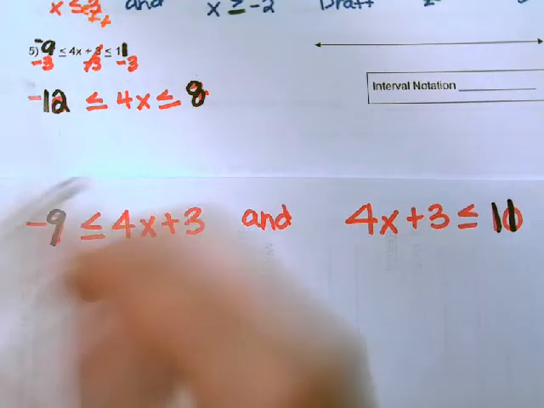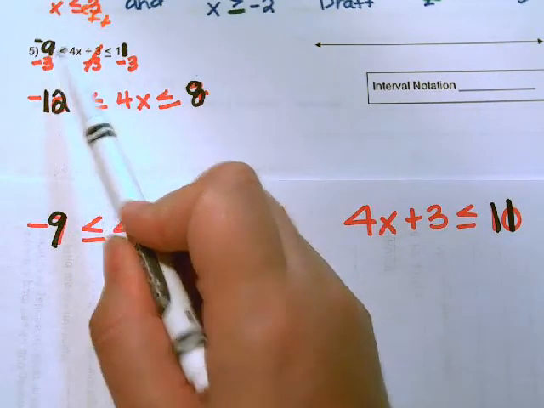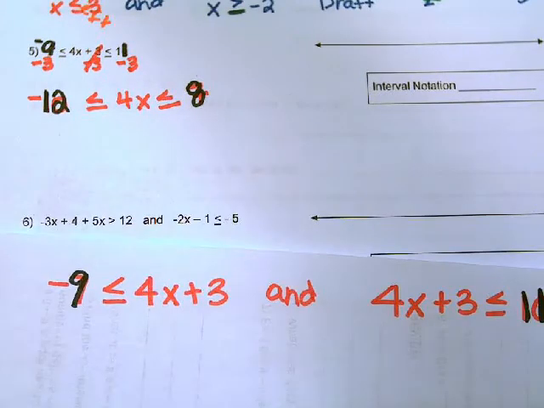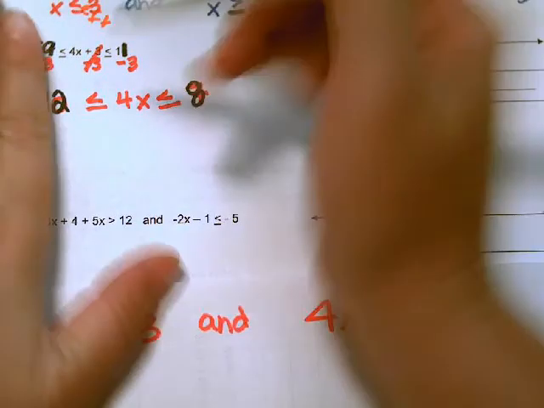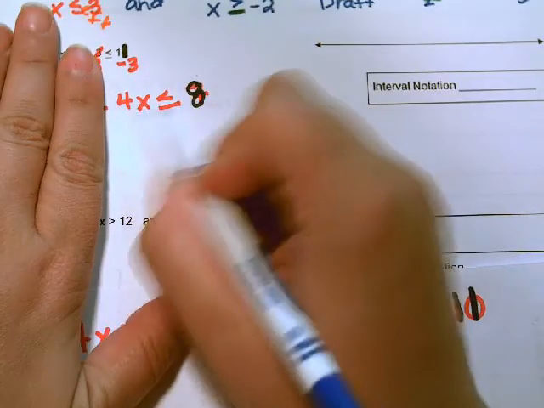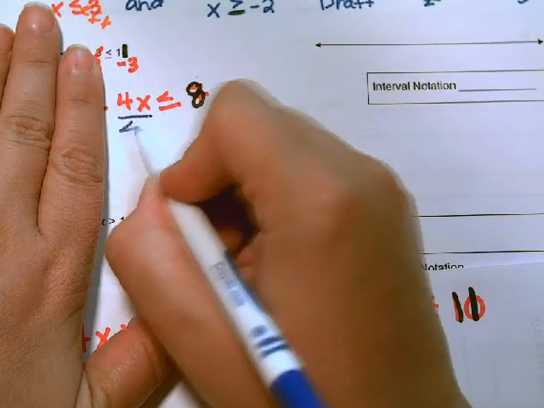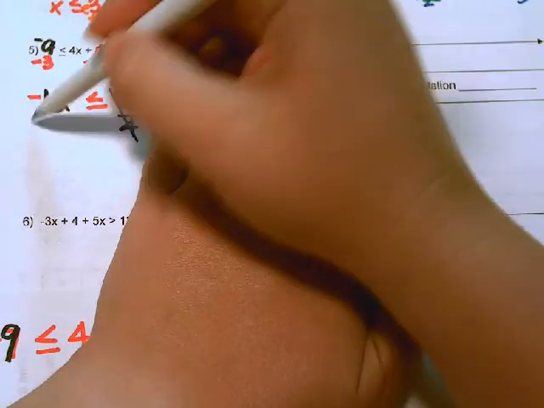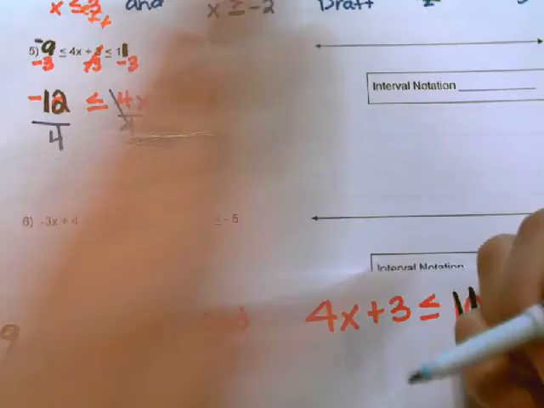I just realized that my numbers here were different than the ones in your packet, so I just fixed it there. So let's go ahead and continue. So then the last step to solve this inequality would be to divide by 4. Well, we also have this side to divide by 4.